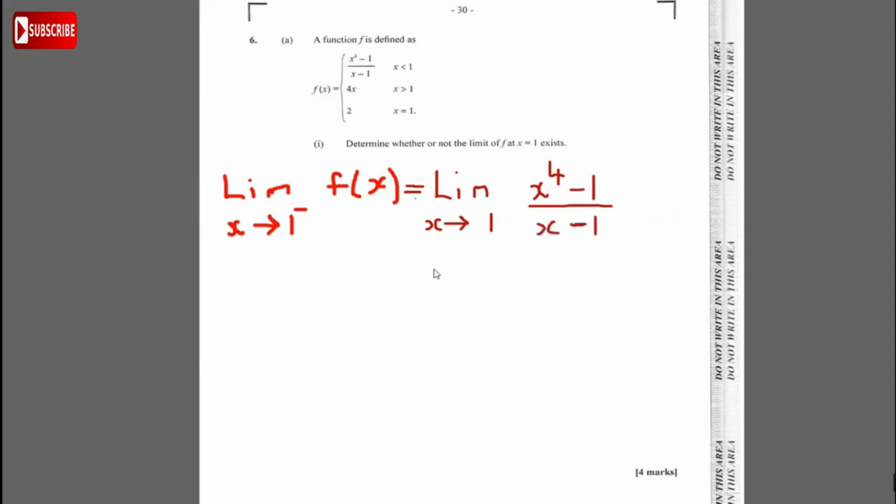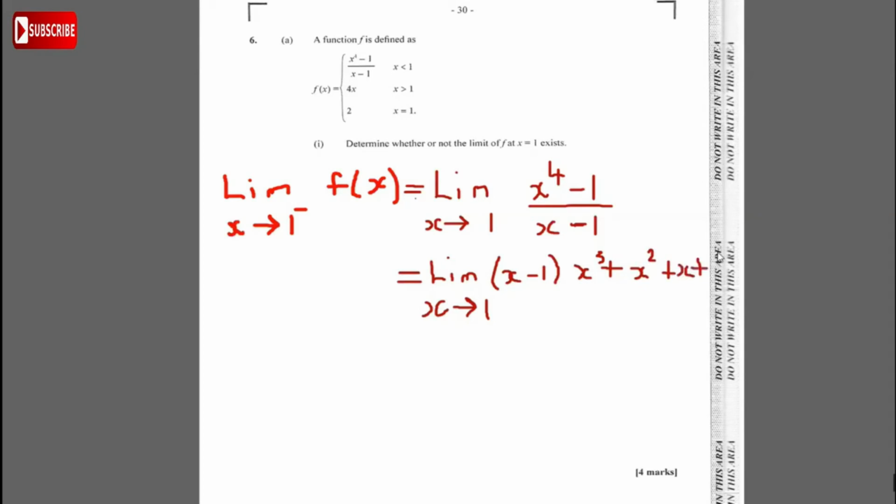So when we're doing this now, it is equal to the limit as x approaches 1 of x to the 4 minus 1 over x minus 1. X to the 4 minus 1 can be broken up as x minus 1 times x cubed plus x squared plus x plus 1.